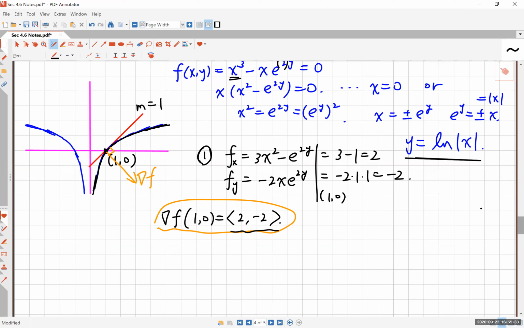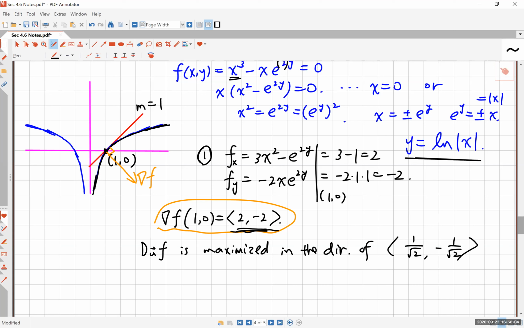So the answer to number 1 is that the gradient, or the rate of change, the directional derivative is maximized in the direction of negative 2, negative 2, or you can say 1, negative 1, or typically they normalize this.